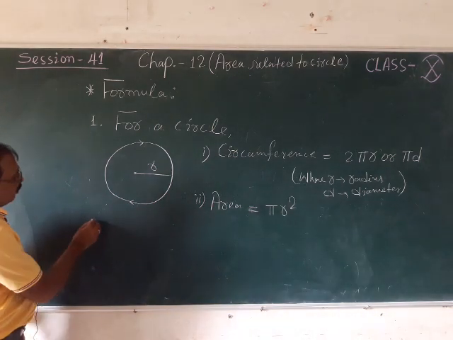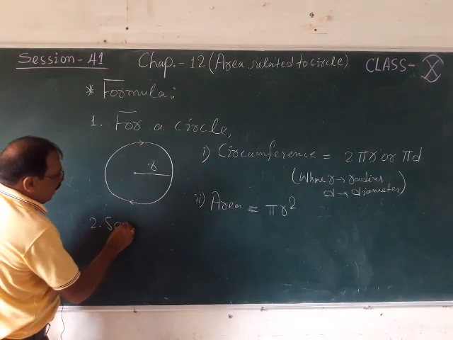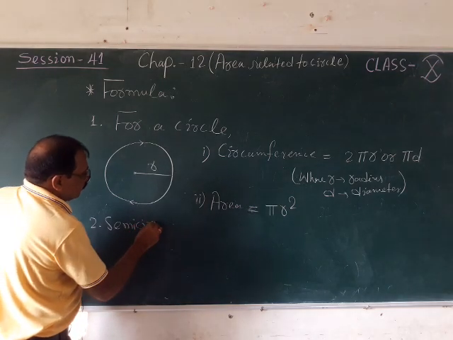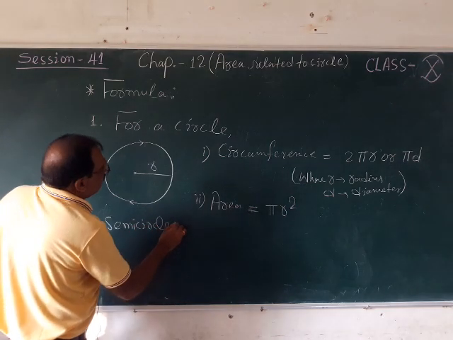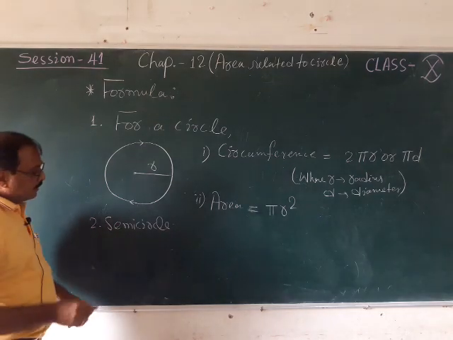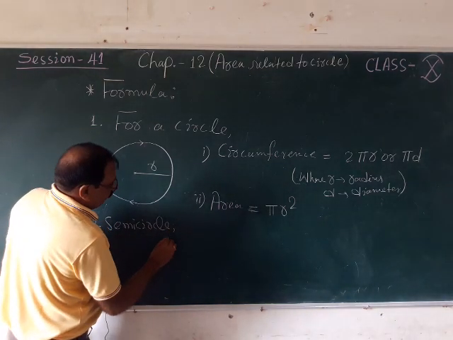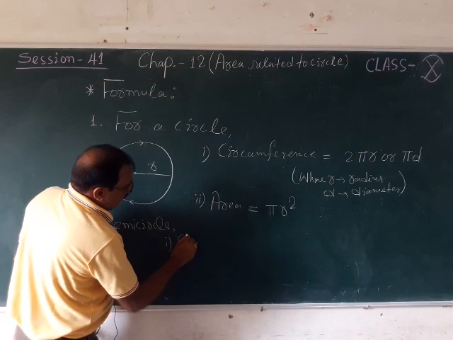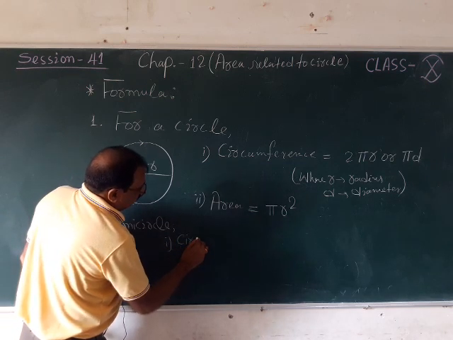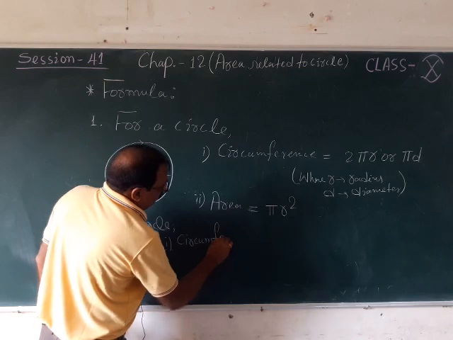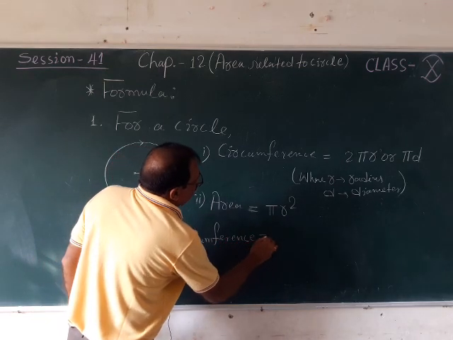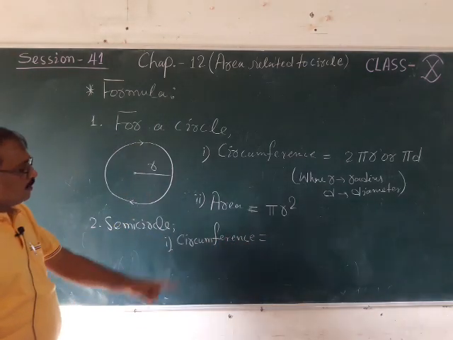Suppose I am talking about a semicircle. If you are having a semicircle, then in that case, for a semicircle, suppose I want to find its circumference. How will you find the circumference of a semicircle?